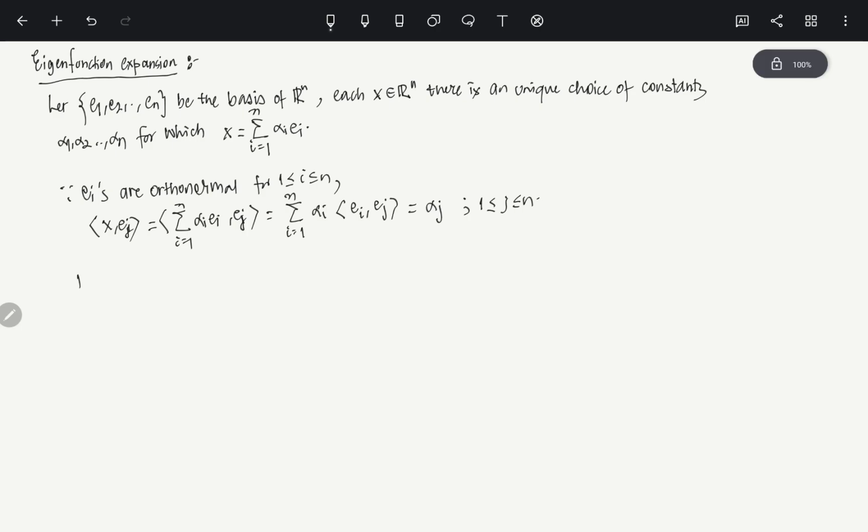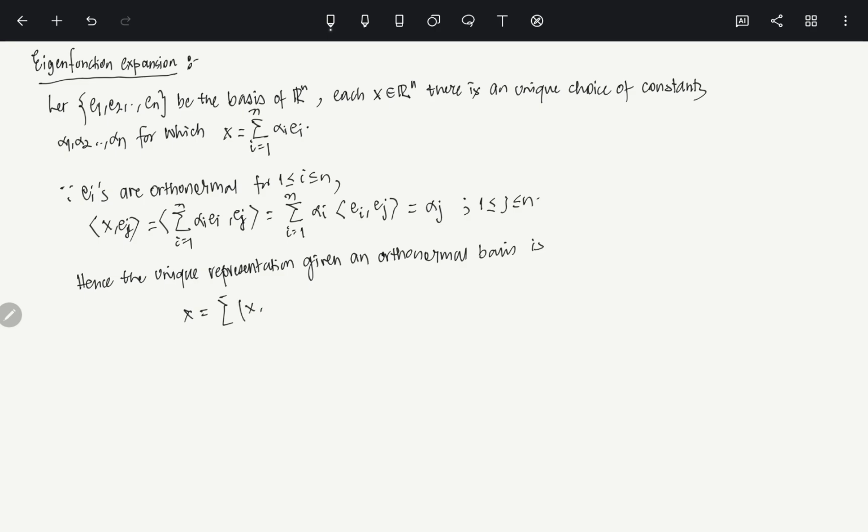So hence the unique representation given an orthonormal basis is that x can be written as a summation where the coefficients are nothing but x acting at ej, with j equals 1 to n.